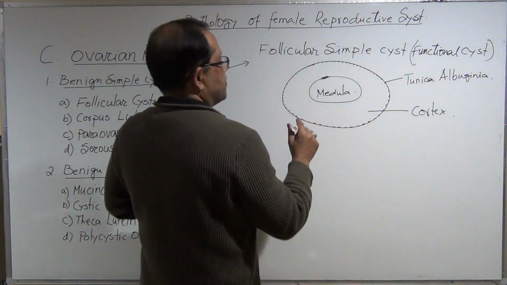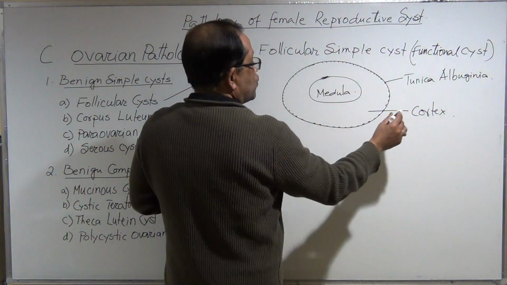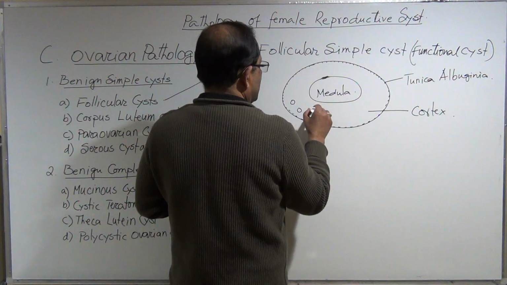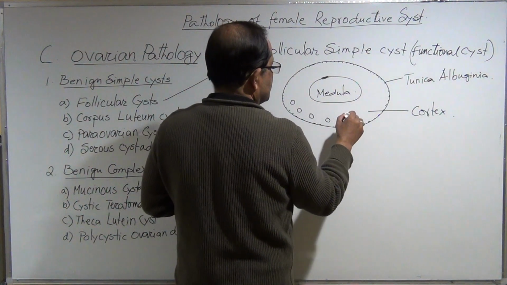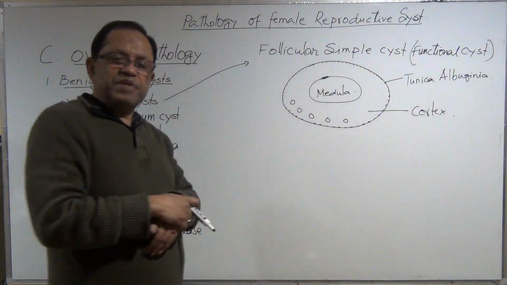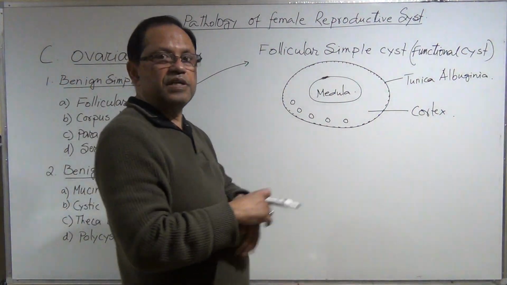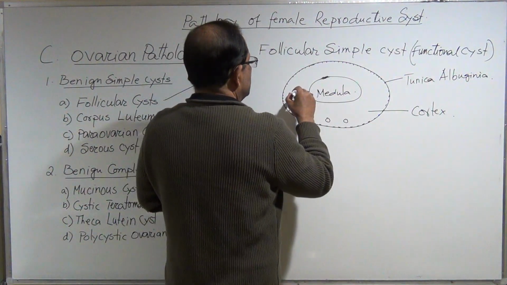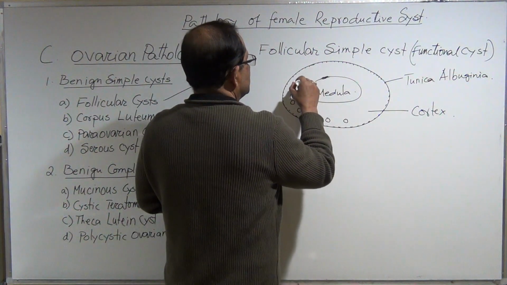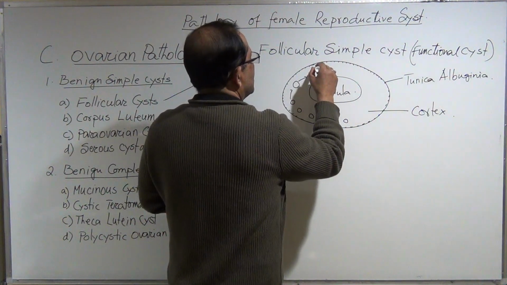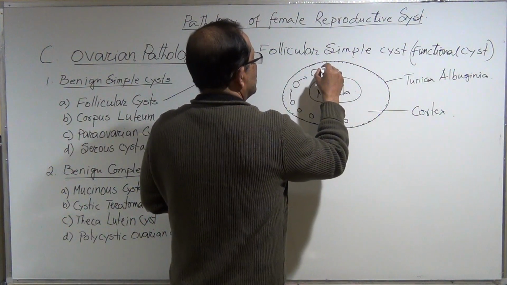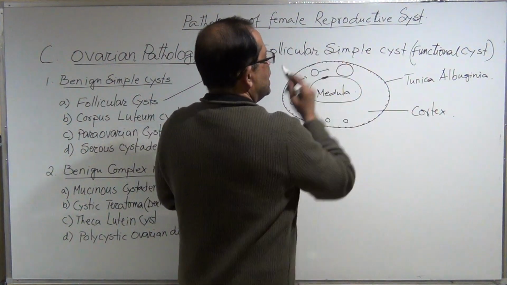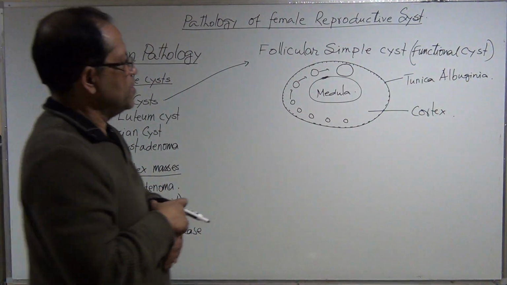You need to understand first that this cortex has primary follicles. It's multiple follicles. Maybe 50,000 follicles initially are settled. So now primary follicle is turning into a mature follicle, Graafian follicle.